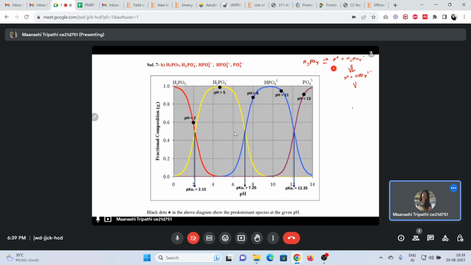This may dissociate further, which will give us H plus and PO4 3 negative. So these things happen at certain pH. Okay, so this is how this concentration will change. By this diagram, we can know at what pH which one will be the dominant. This gives the solution for this question.